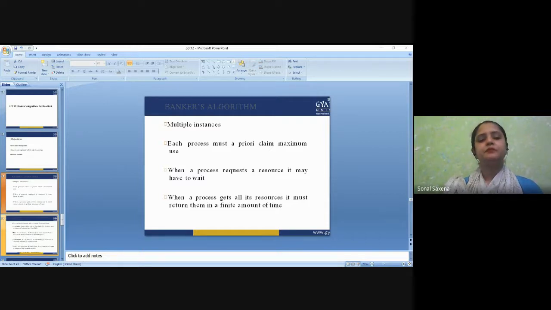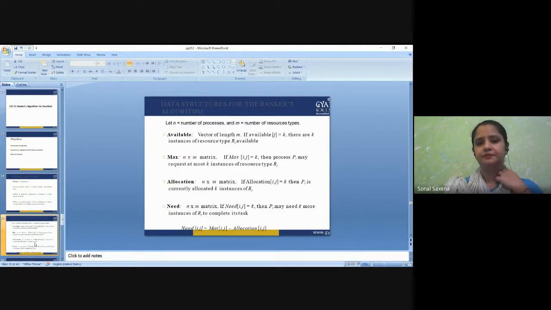Okay, now let's see the next thing. This is what we are doing here. You can see the algorithm will require these data structures: n is the total number of processes, m is the number of resource types. Available is a vector of length m.